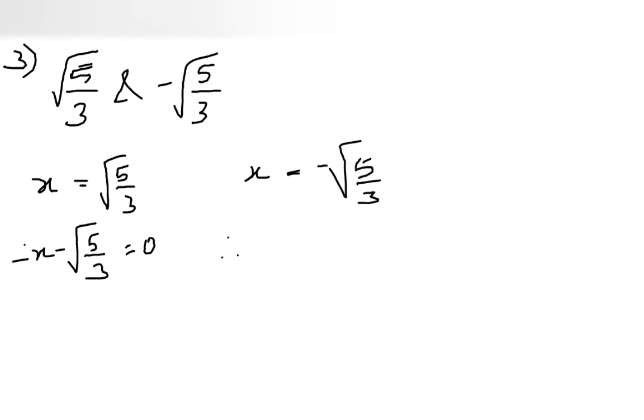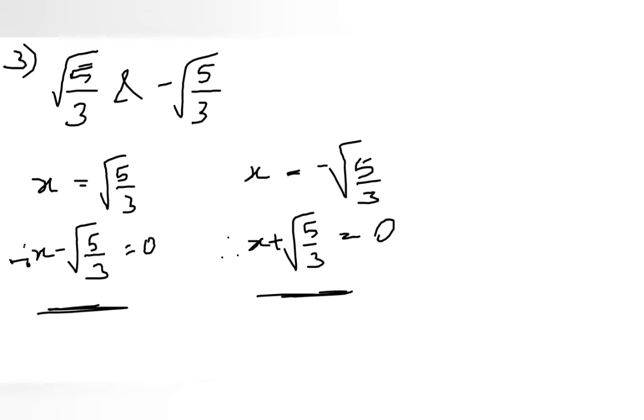Therefore x plus root 5 upon 3 equals 0. Now we got these factors, x minus root 5 upon 3 and x plus root 5 upon 3.